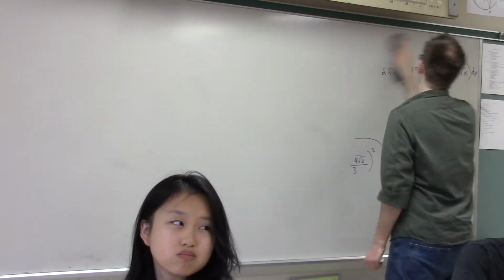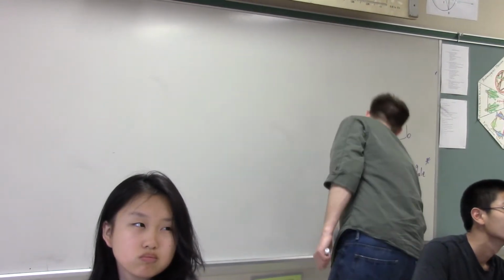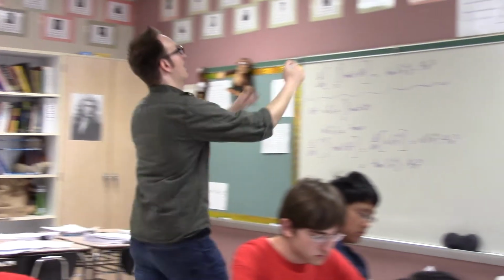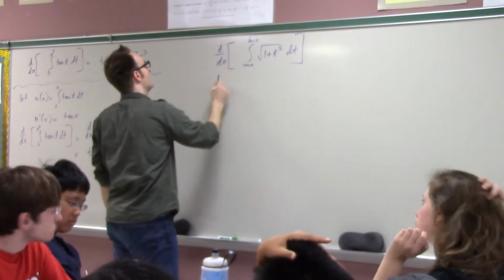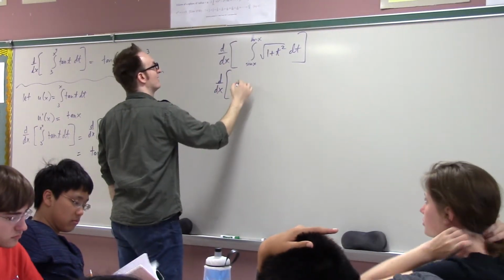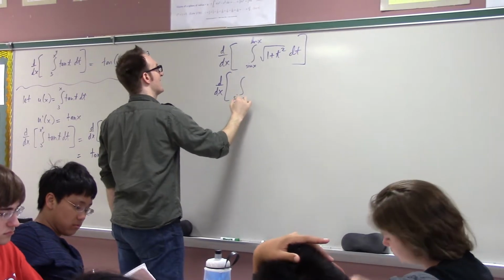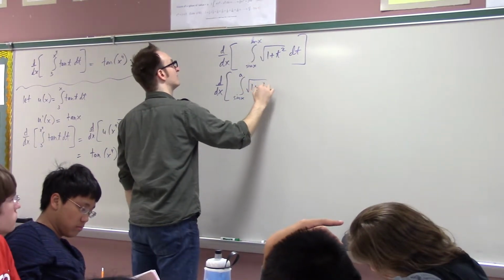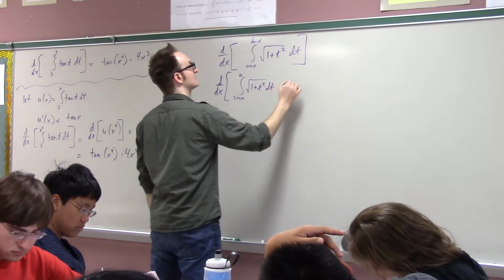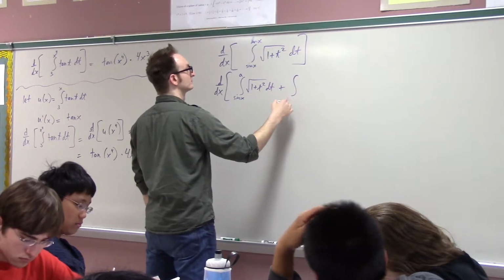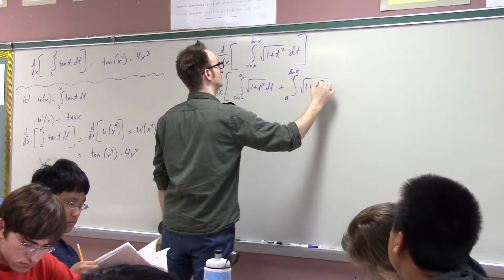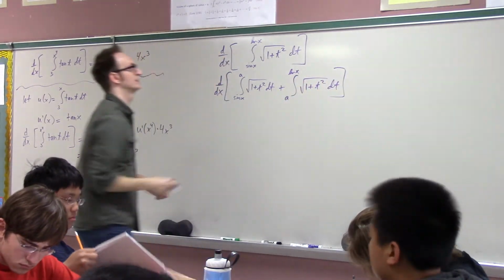Yeah, Brian Morris says just split it up. In fact, that's exactly what you do. Rewrite this as the derivative of the integral from sine x to a of root 1 plus t squared dt, plus the integral from a to ln x. One's a backwards accumulator, one's a regular one.